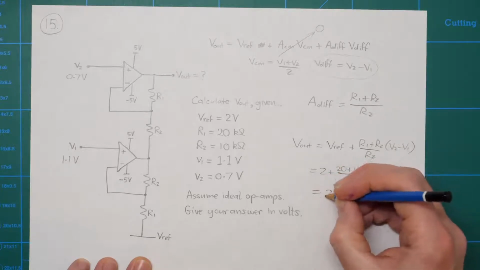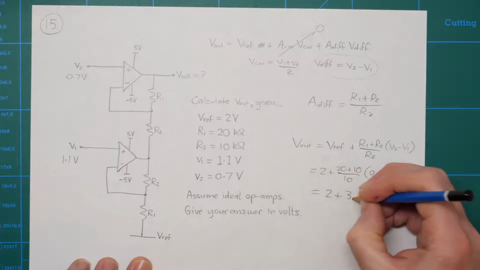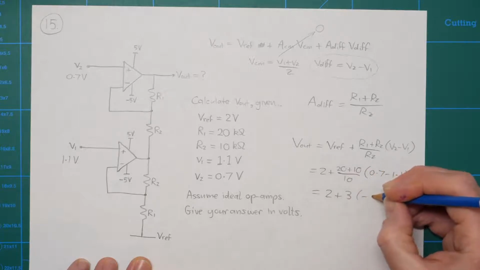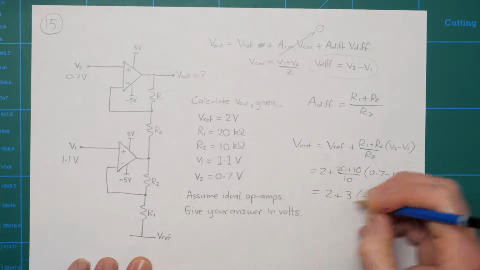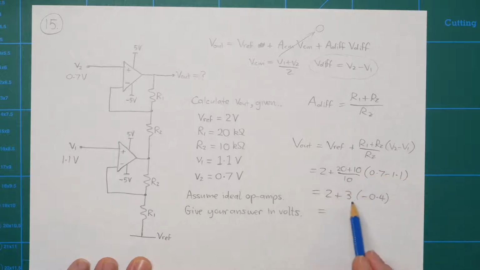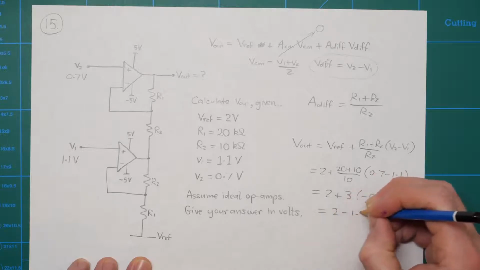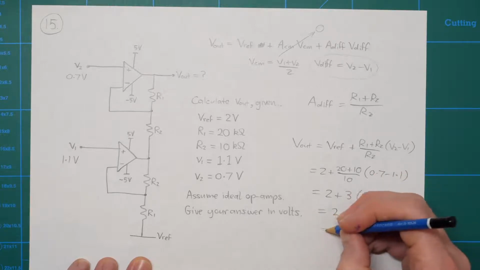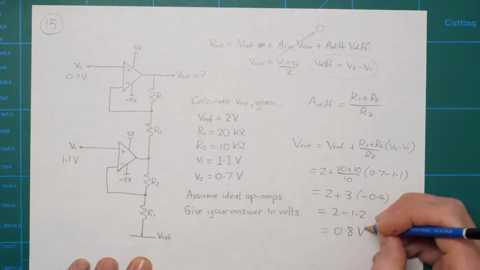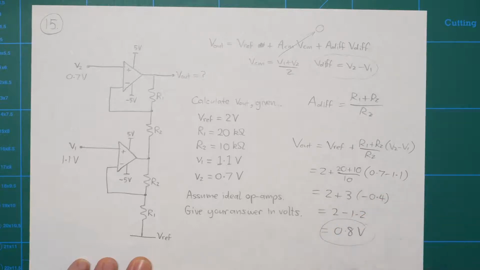So this is 2 plus 3 times minus 0.4. So 3 times minus 0.4 is minus 1.2. So this is 2 minus 1.2, which is 0.8 volts. And that is our output.